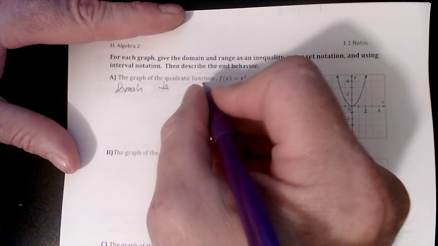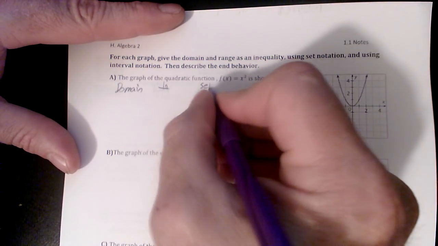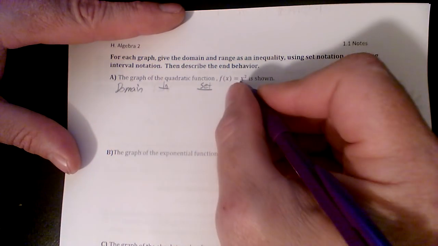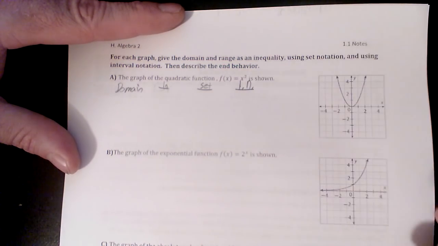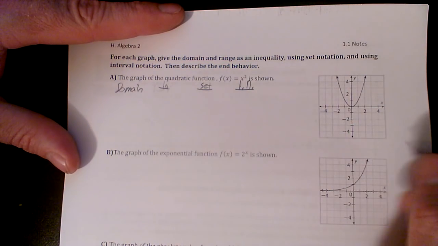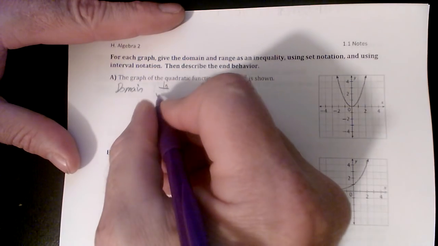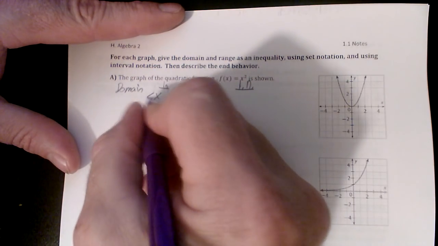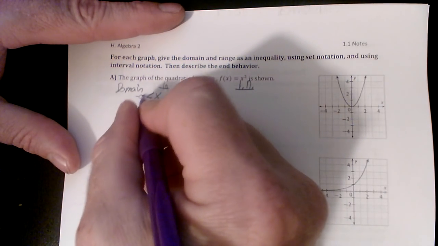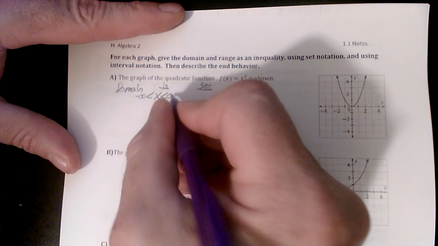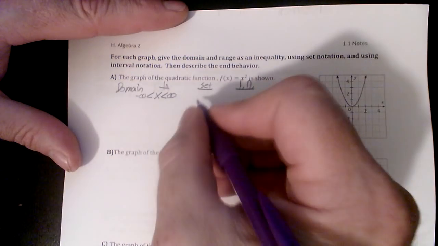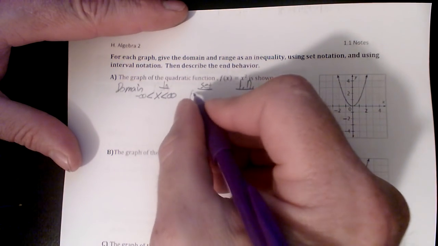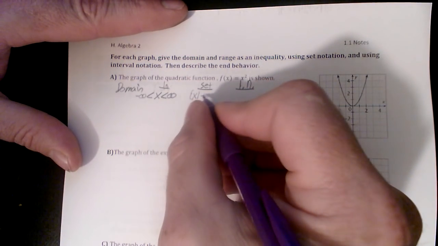We've got set notation, so we'll do set notation next, and interval notation. As an inequality, it looks like x is greater than negative infinity and less than positive infinity, because it goes left and right forever. For set notation, I'm just going to do my little x bar here and say the same thing.